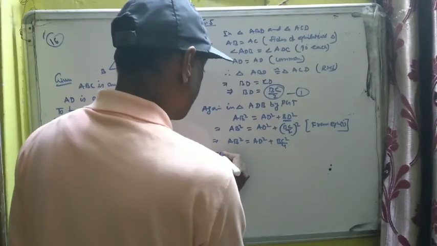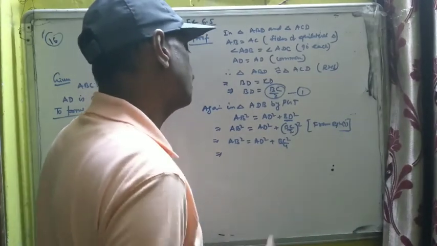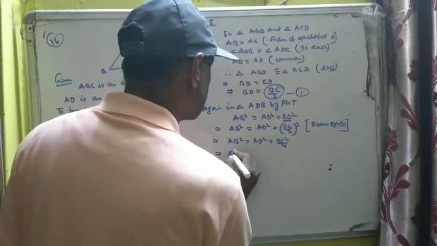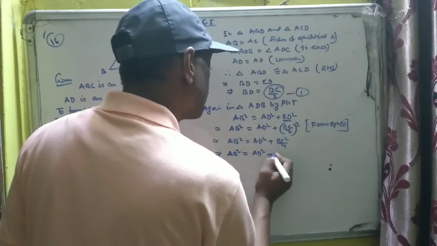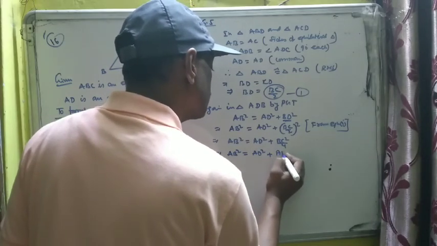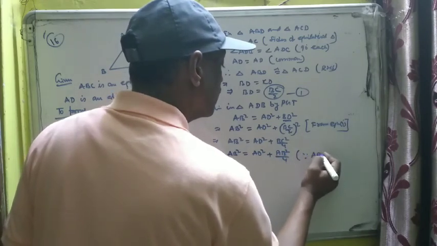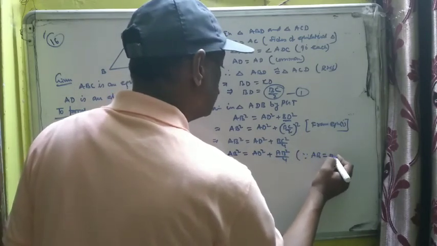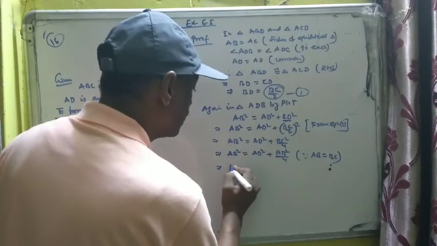We can convert this BC into the term of AB because this is an equilateral triangle and all the sides of an equilateral triangle are equal. So just you can write here AB square by 4 because AB equal to BC. Just transfer this AB square into this side.